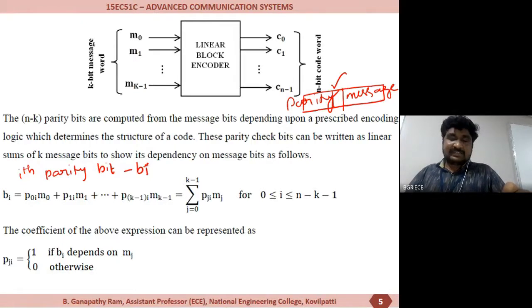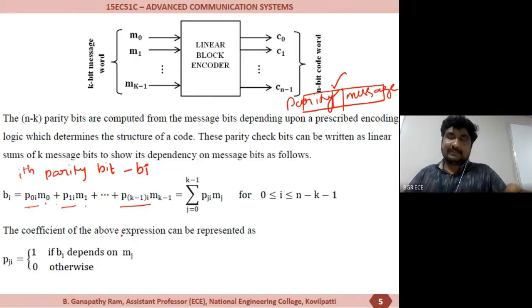as a linear sum of message bits, weighted by coefficients P0i, P1i and up to Pk minus 1 i. So the linear sum can be written as P0i into M0 plus P1i into M1 plus up to Pk minus 1 i into Mk minus 1.